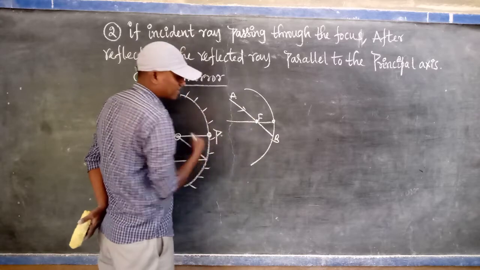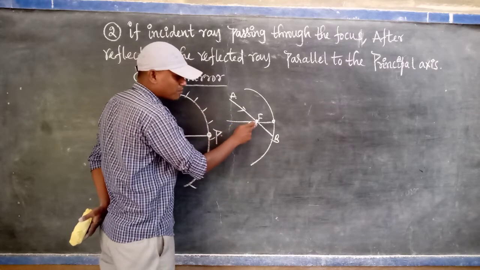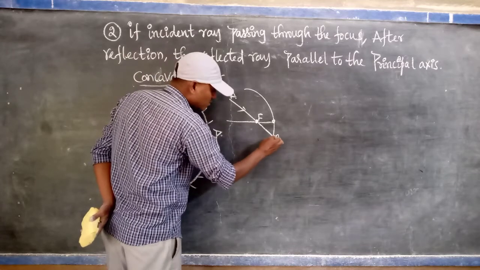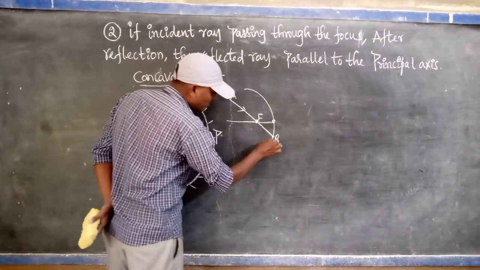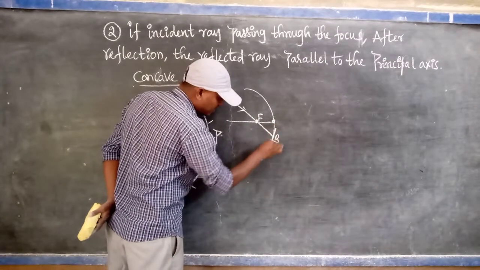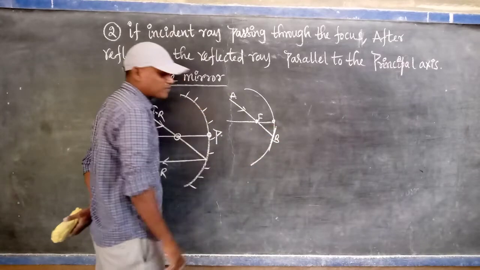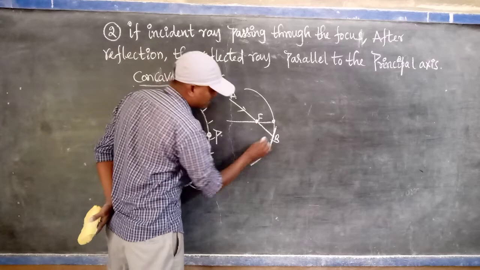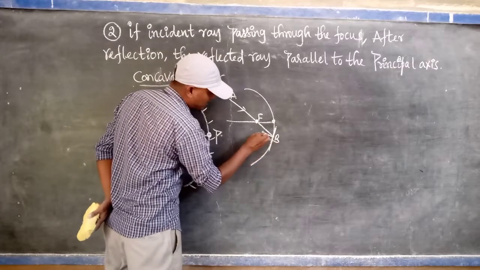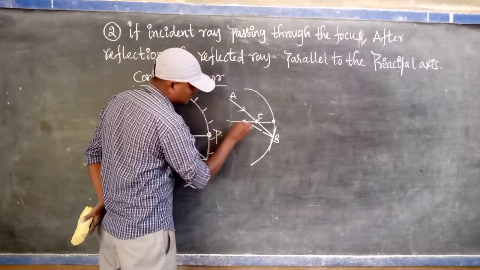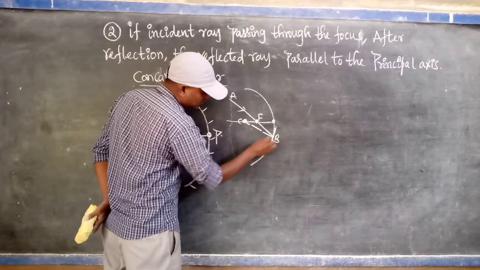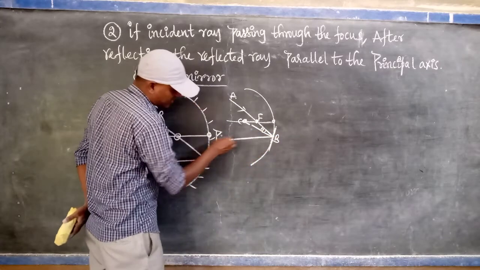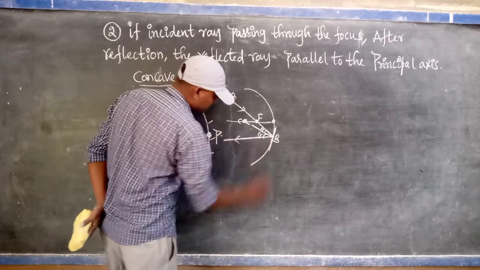AB is the incident ray. This ray passes through the principal focus of the spherical mirror and falls at point B. At point B, we draw a tangent. It represents the reflecting surface at this point. Now we draw a normal for this. It is the C. So this is the angle I. The ray will be reflected like this. This is the angle R.